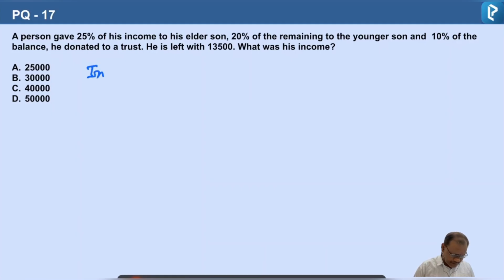So let the income be 100. So first expenditure is he donated to the elder son 25%. So 25% of 100 is 25. So the remaining is 75.